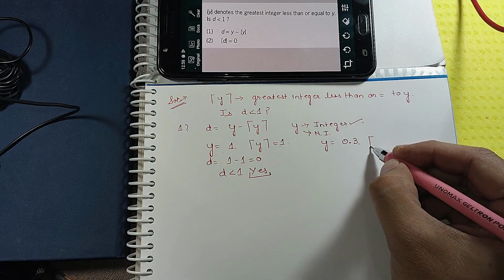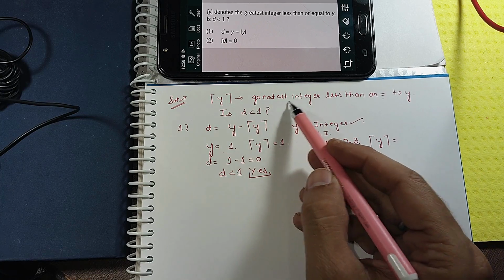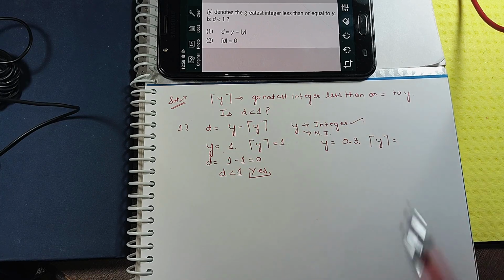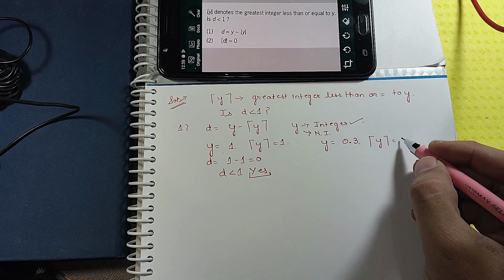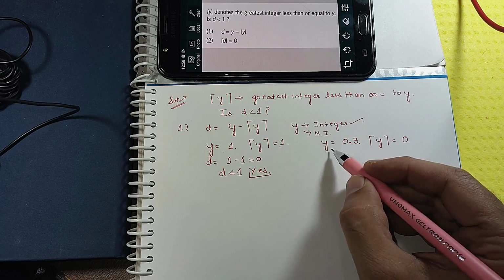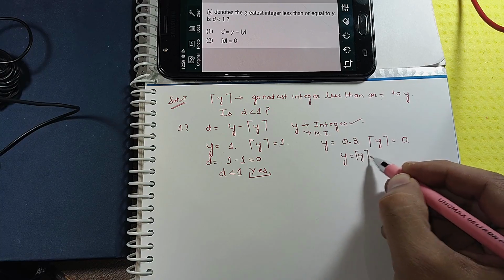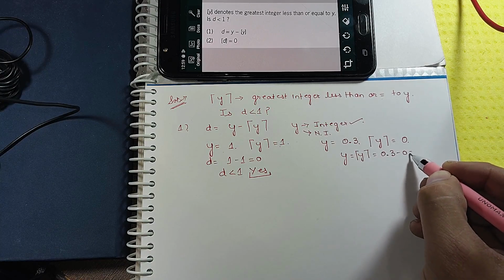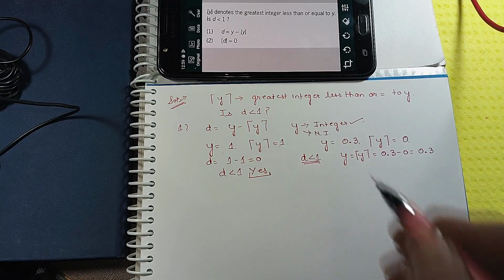Then according to this definition, ⌊y⌋ is the greatest integer less than or equal to y. So what is the greatest integer which is less than this? That will be equal to 0. And now y minus ⌊y⌋ will be 0.3 minus 0, which is equal to 0.3, and again I am getting d is less than 1.